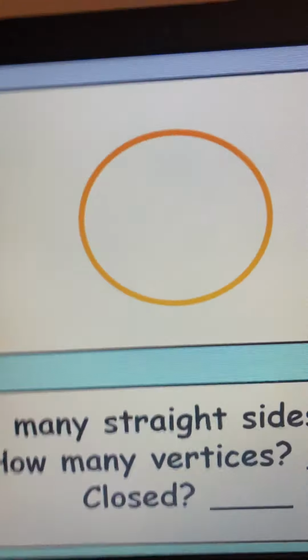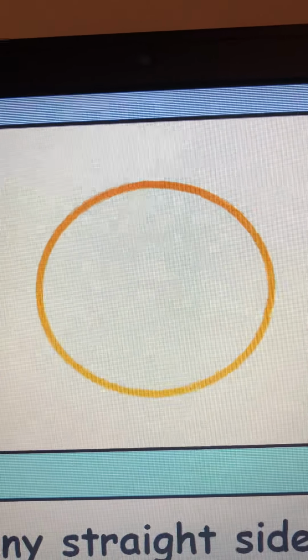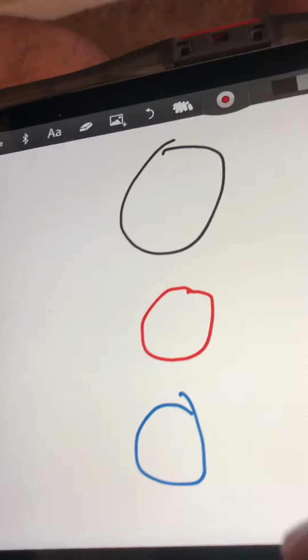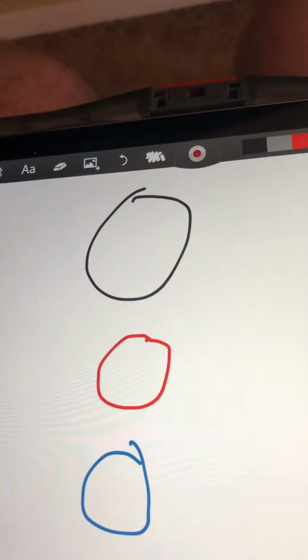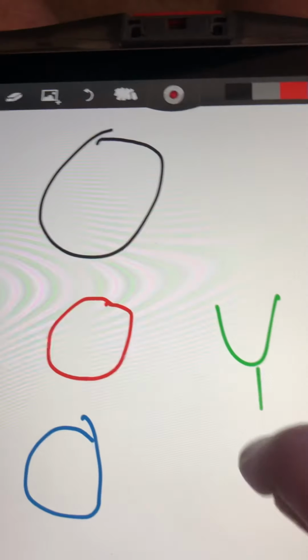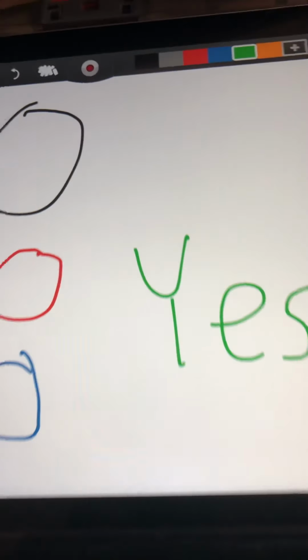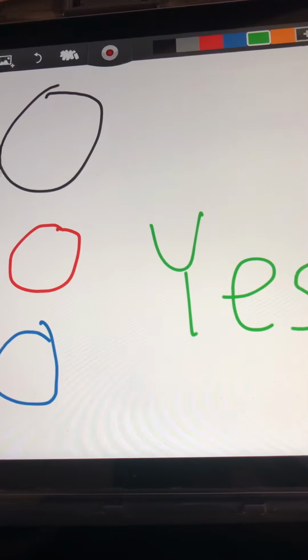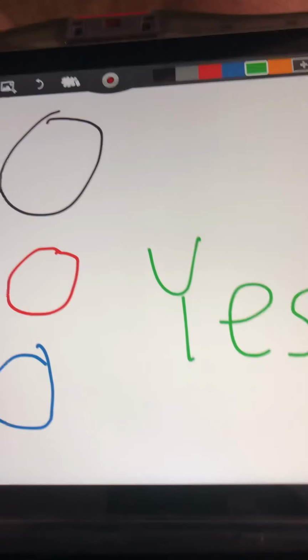You can see that there's actually no corners at all. So 0 vertices, 0 corners, but is it closed? You should be able to see that, yes, in fact, it is closed. Everything's touching. So no vertices or straight sides, but it's closed, so it is a 2D shape.